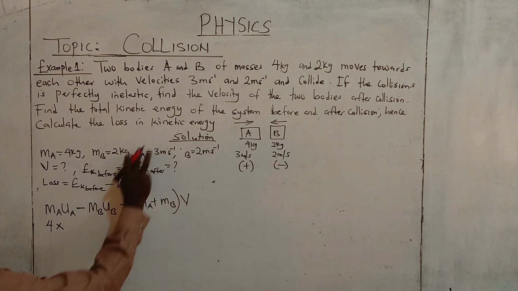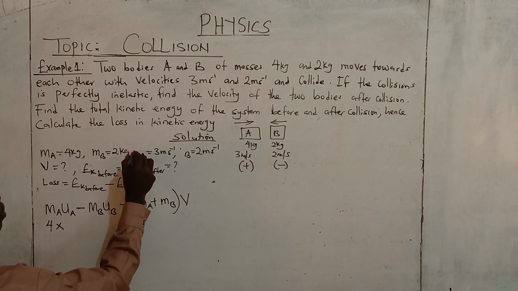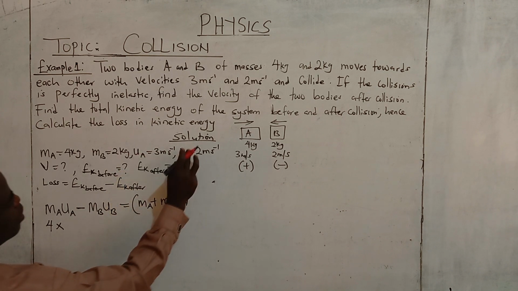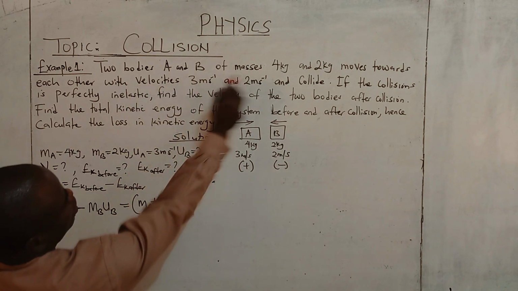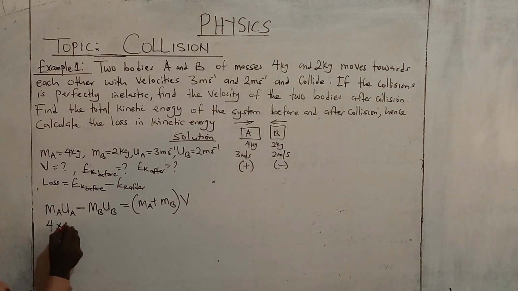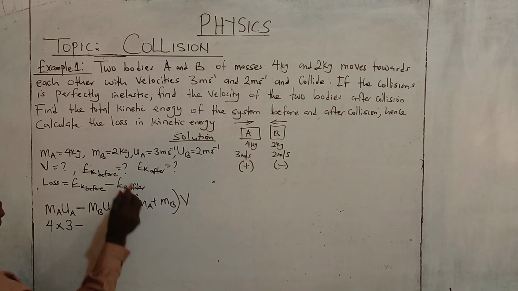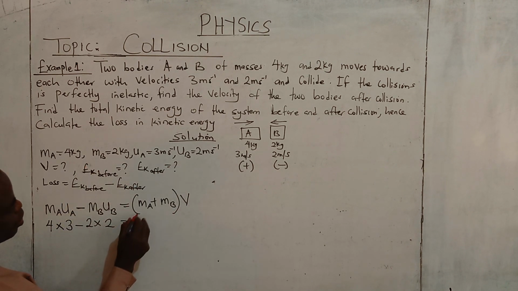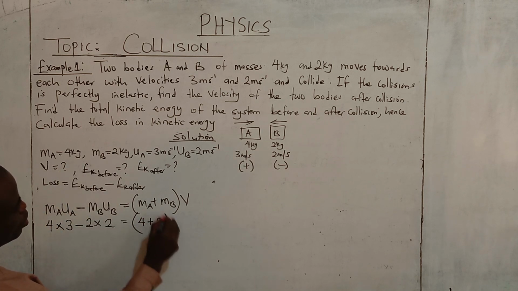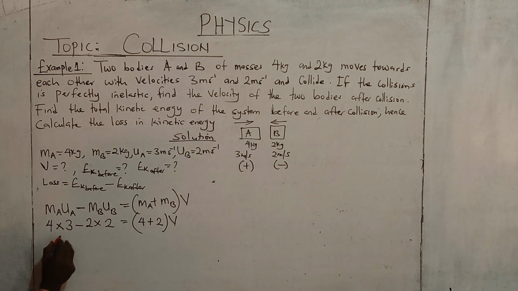This is our U, the initial velocity, because it's starting, it's moving at this initial velocity. Now MA 4 times UA 3 minus MB 2 multiplied by UB 2 equals 4 plus 2 times V. Now that's 12 minus 4 equals 6V.